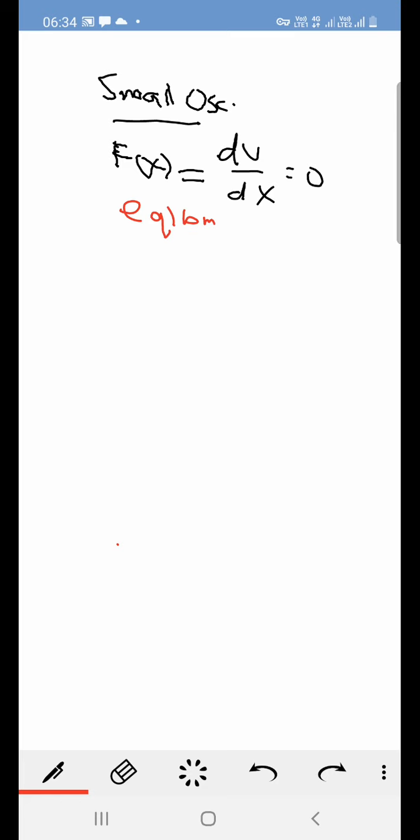Now this equilibrium has two different types. One is called a stable equilibrium and another one is called an unstable equilibrium.